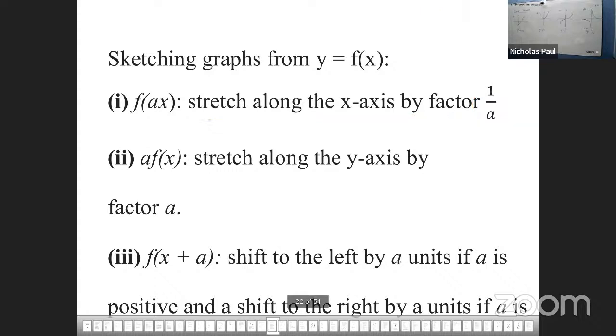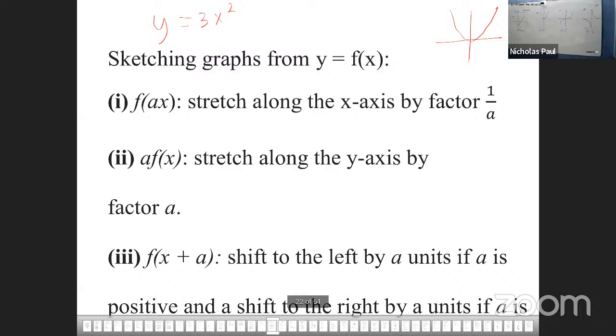Watch this here. Let's say f of x is y equals x squared, and I said sketch y equals 3x squared. It's a little hard to show, but I'll show you using a different color, the fluorescent green.